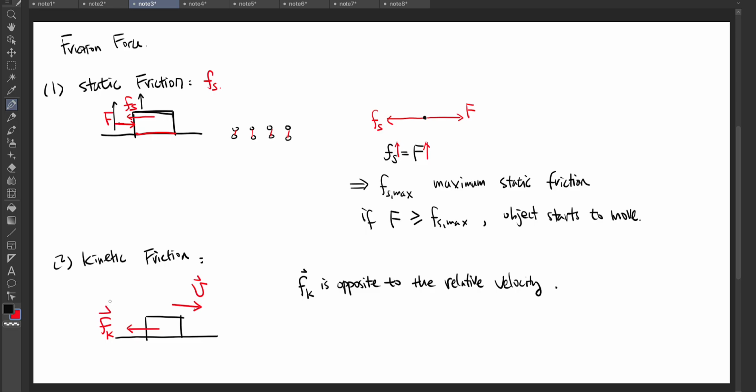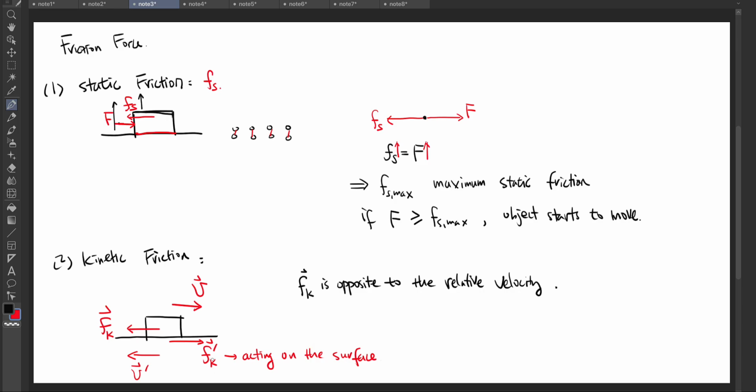If we consider the surface here, then the surface is moving to the left side relative to the object here. So the friction force acting on the surface will oppose this velocity. That's why the reaction is this way. That's the Fk prime, which is acting on the surface.